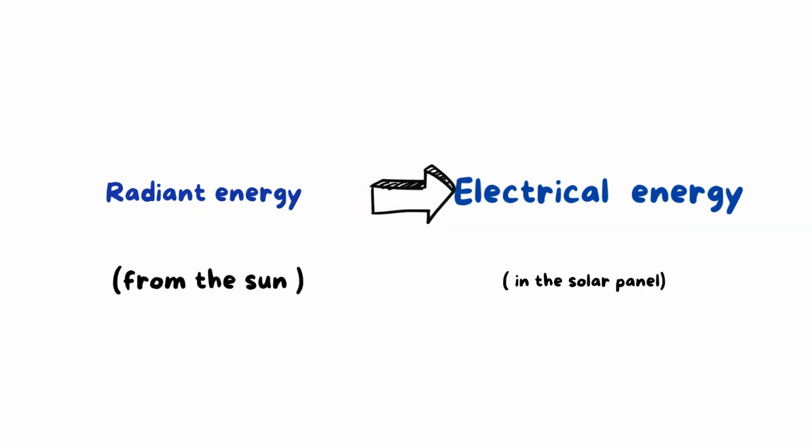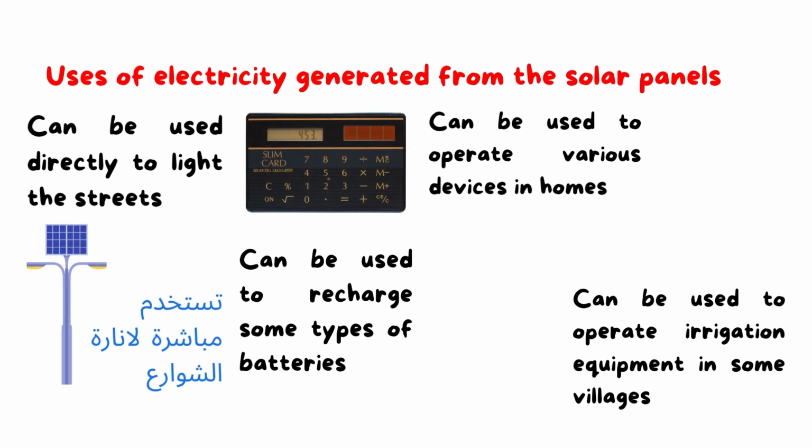And now we will take some uses of the electricity generated from the solar panel. We can use the electricity generated from the solar panels in 4 uses, okay? As we know some of them. We can use the electricity directly to light the streets, in the light posts, yes?